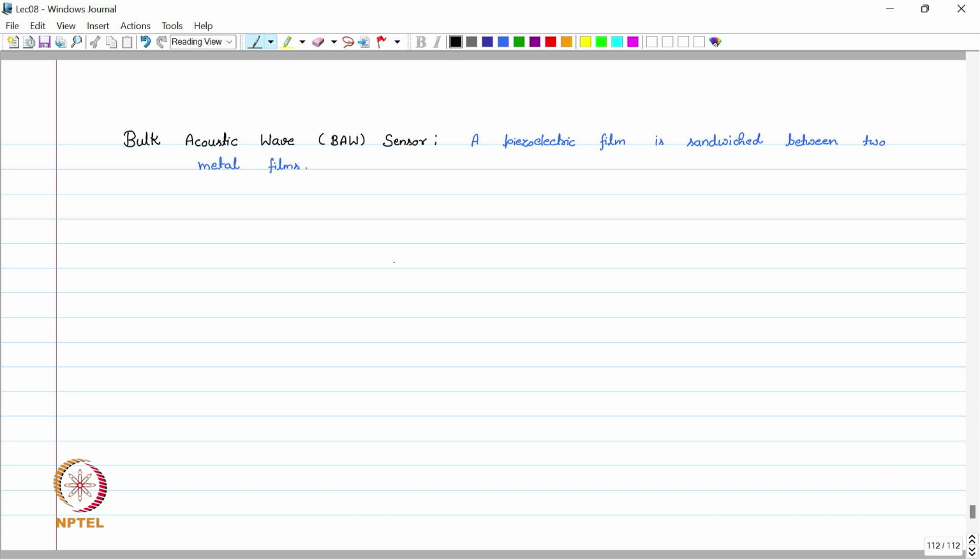So in the BAW sensor, we have a piezoelectric material. This is a sheet of piezoelectric material. On both sides, we put a metal film, which will act like an electrode. So this is the first metal sheet on top, and the second metal sheet is on the bottom. This will act as a second electrode.